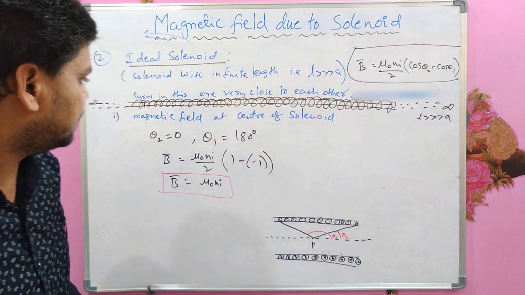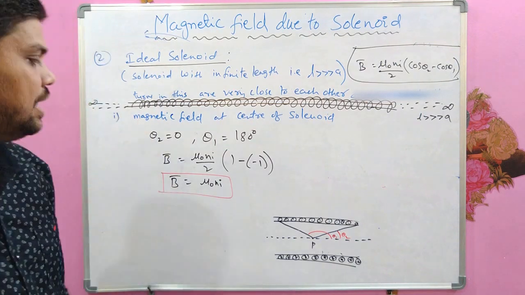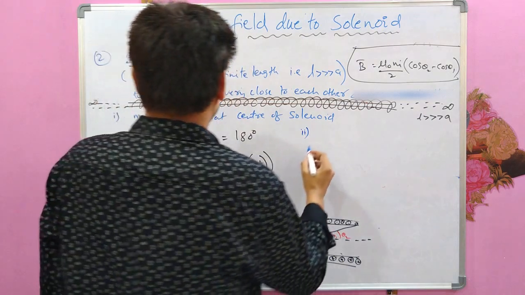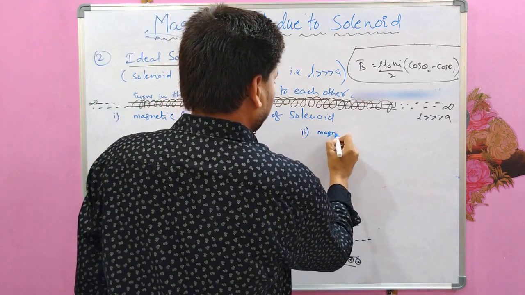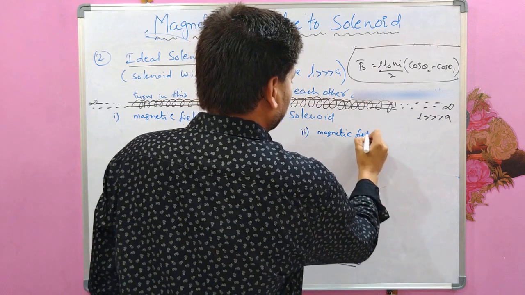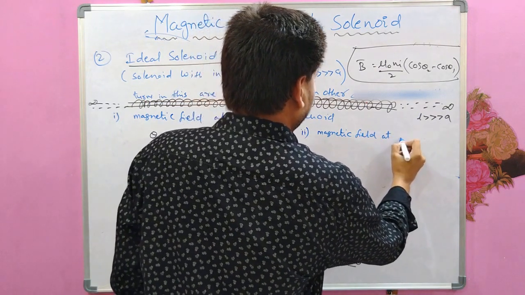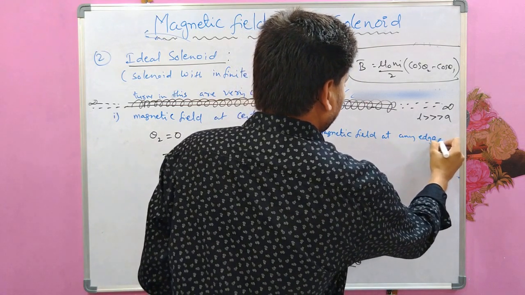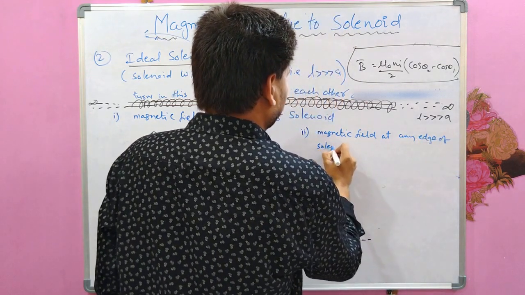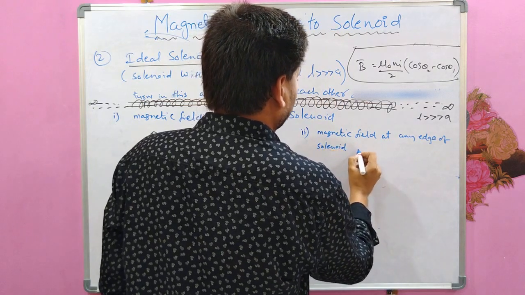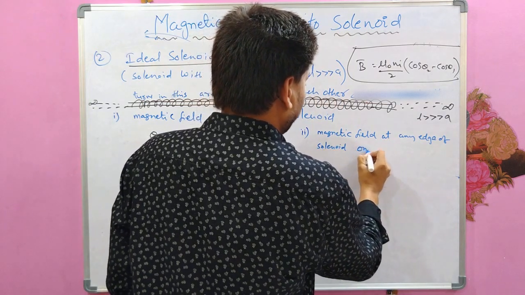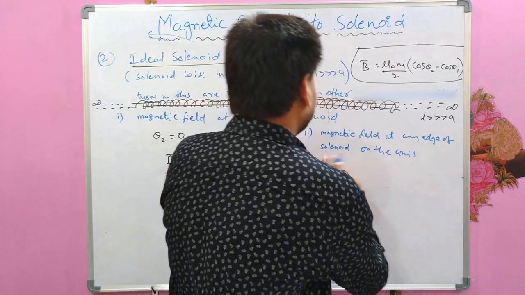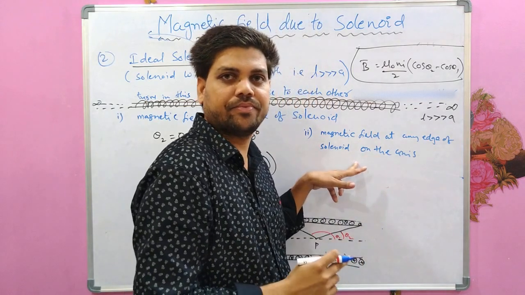Okay, so now we will see case number 2 in this ideal solenoid. Case number 2: magnetic field at any edge of the solenoid on the axis.